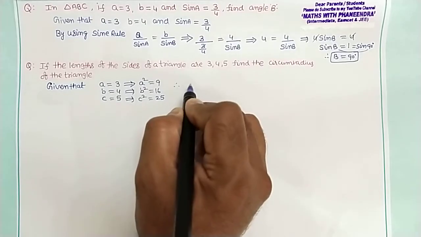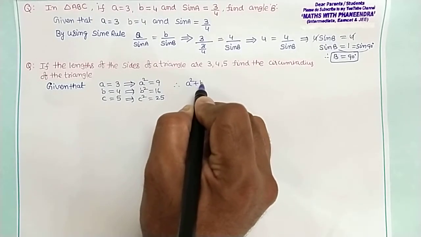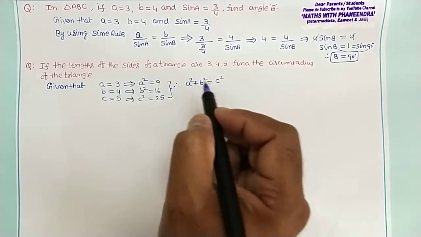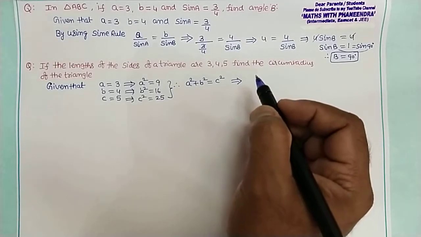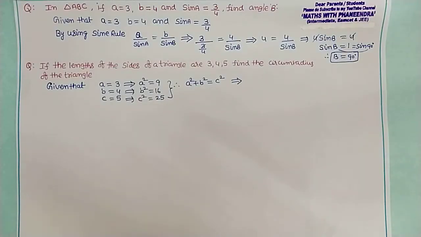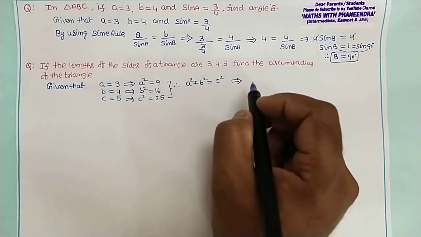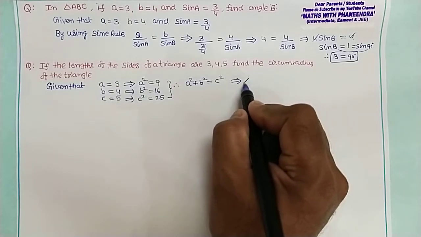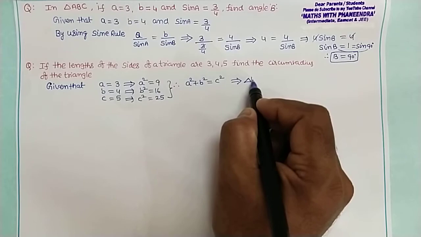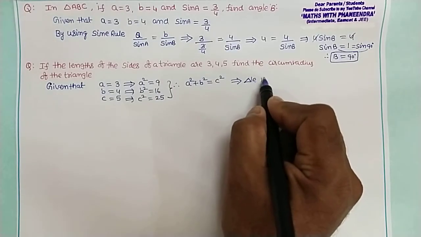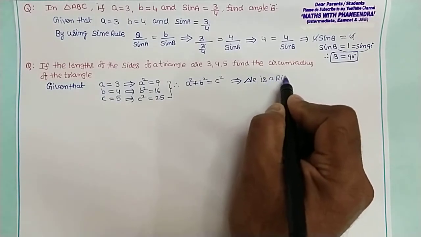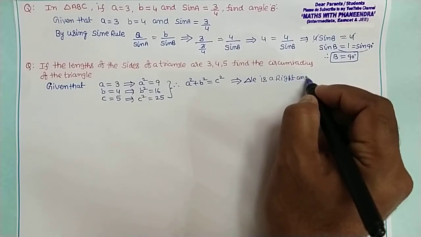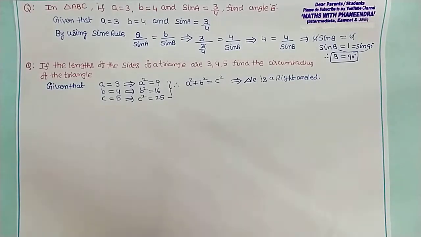Therefore a square plus b square is equal to c square. That implies it forms a right angle, so the triangle is right angled. We decided that it is right angled.